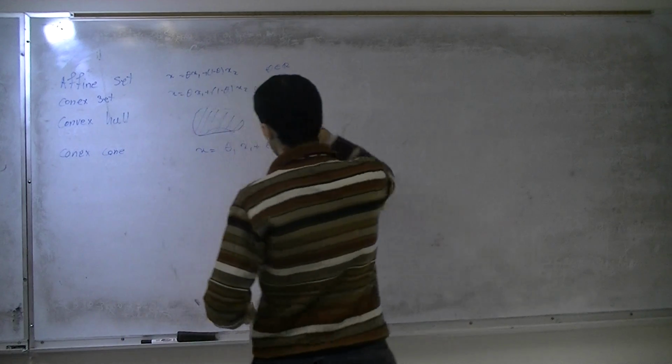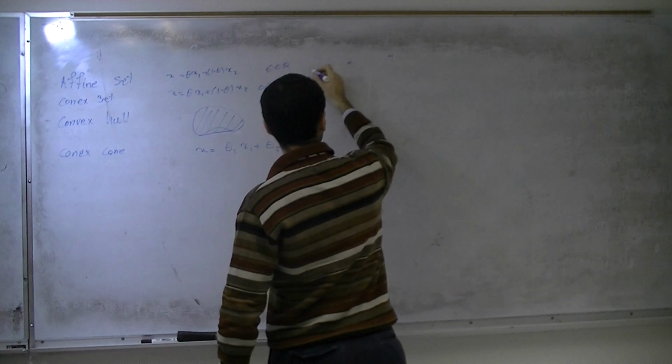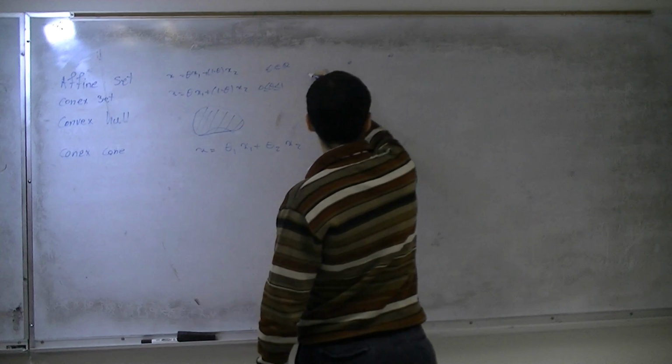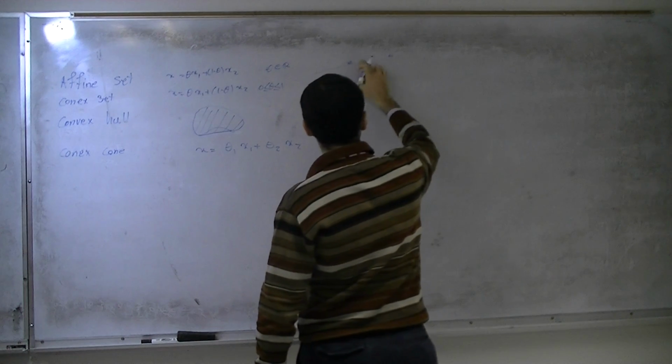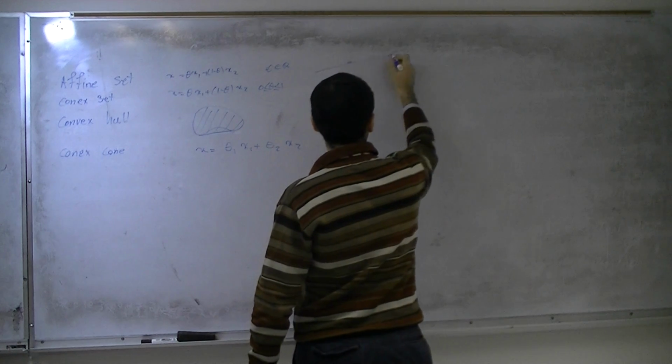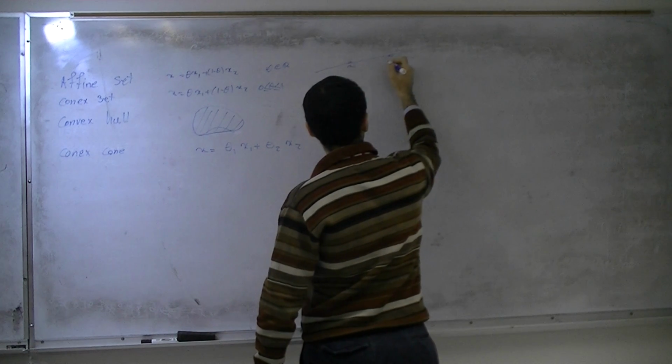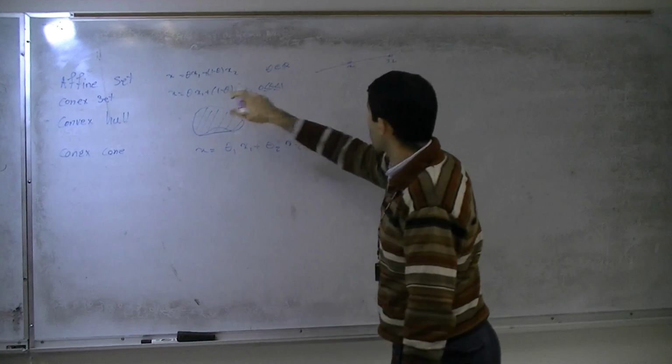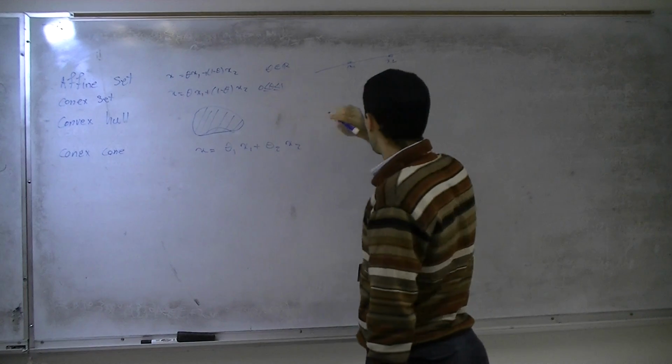For example, if we have 2 points x1, x2, the affine set is all points on the line.